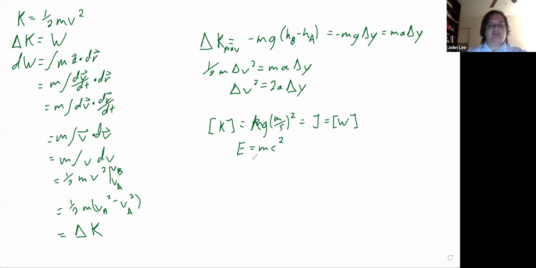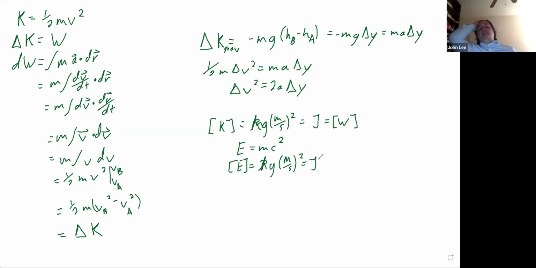So the units of E equals mc squared are the units of mass times speed squared, because c is the speed of light, which is equal to the joule.